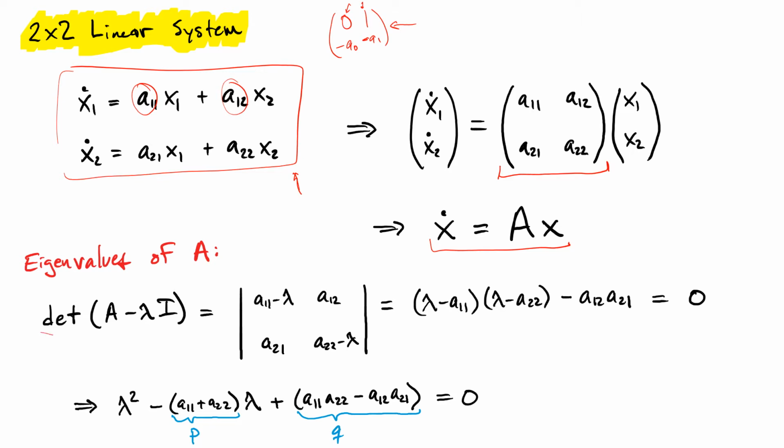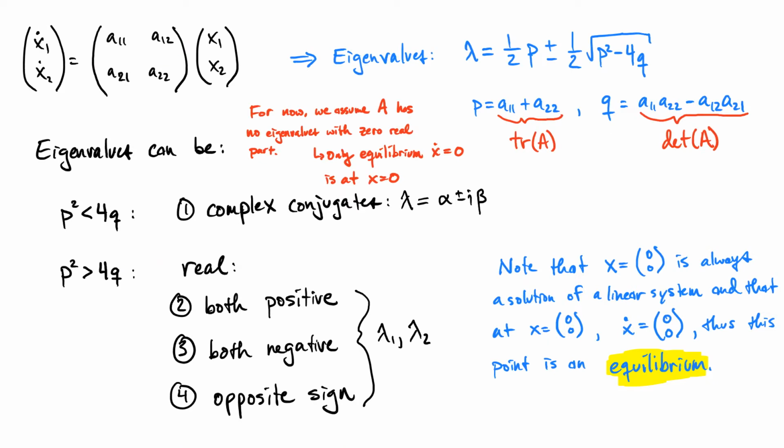When we calculate the determinant of A minus lambda I, we get this expression, and by grouping terms, we have a linear coefficient and a constant coefficient. Solving that characteristic equation using the binomial formula, just like before, we get something that looks like this, where Q is the constant coefficient and P is the linear coefficient.